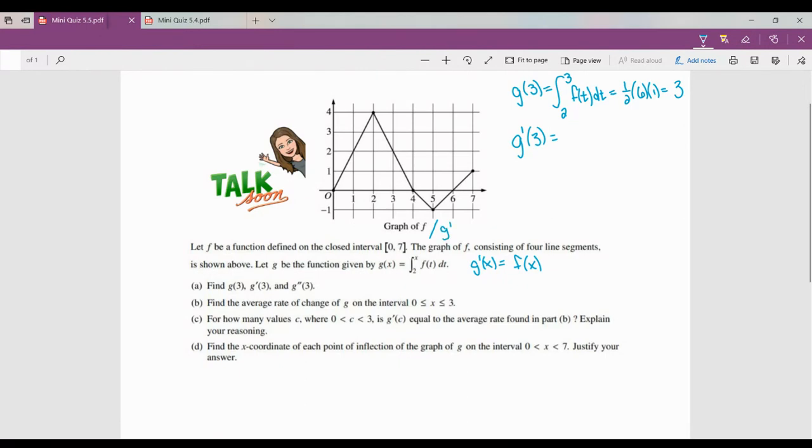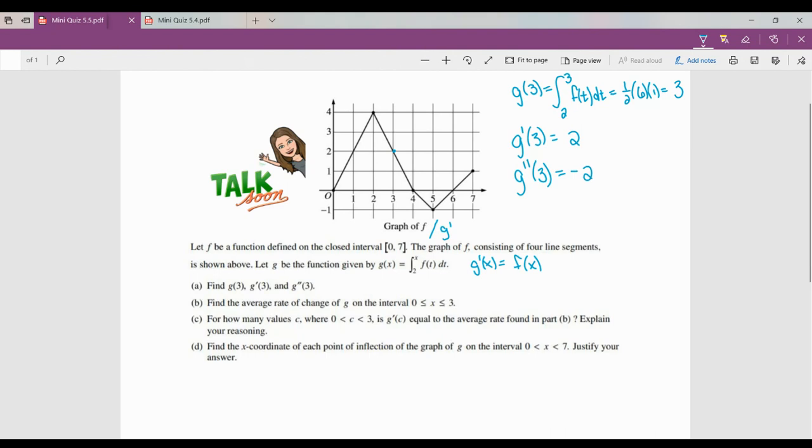So if I want to know what is g prime of 3, I go to the graph of g prime. At 3, it's at 2. All right, and now g double prime of 3, so that's the derivative of this graph, aka the slope of this graph. So it's going at 3 down 2 over 1, negative 2.